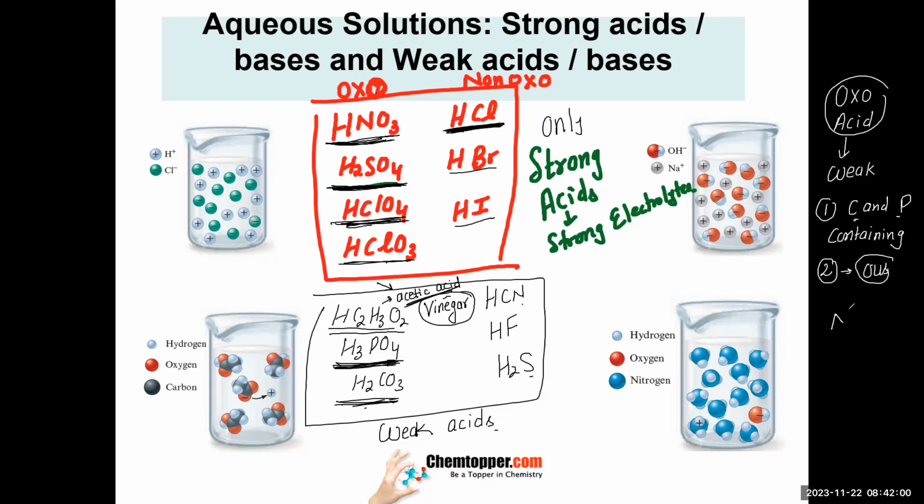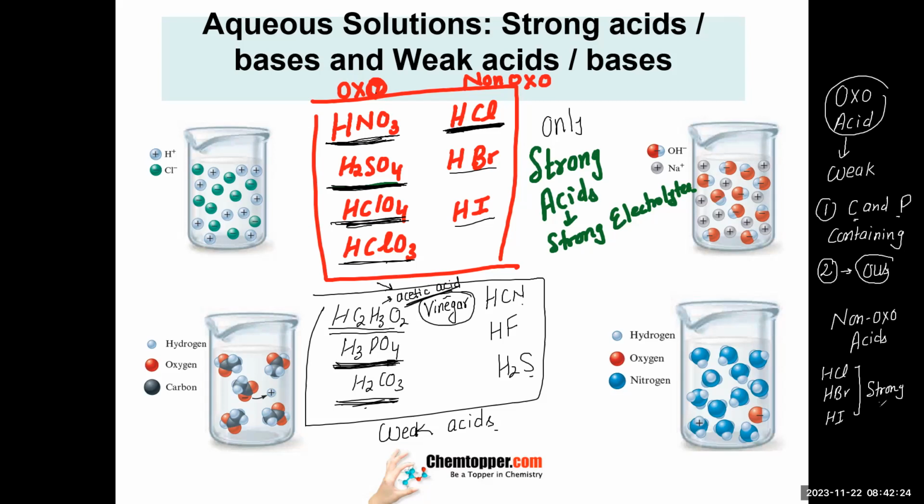And for non-oxo acids, the rule is very simple. In non-oxo acids, you have HCl, HBr, HI as strong acids. I've given the list of strong acids.